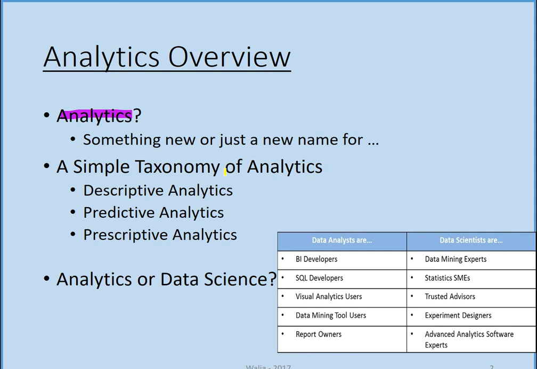Since most of you have a background in business, or you are taking business oriented classes, especially when it's part of an MBA program, you are being trained as a business analyst or a data analyst.